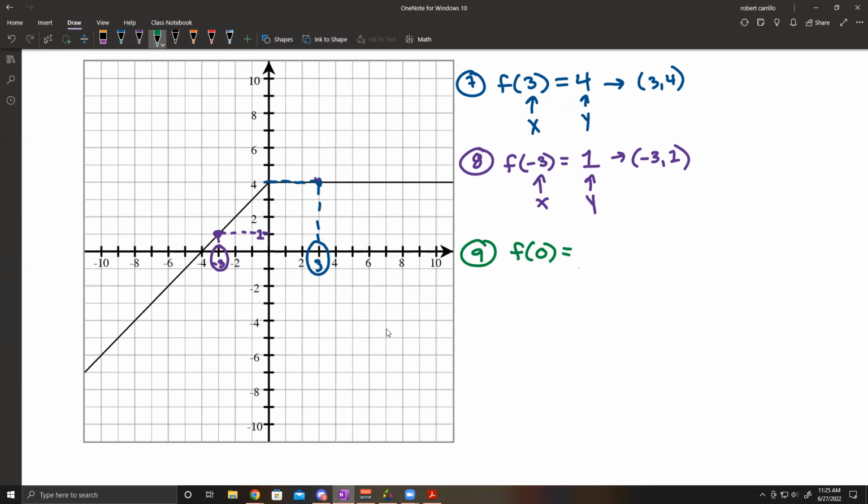So this says when x is 0, what is the value of y? And we go up to the graph and we see that when x is 0, y is also 4. So there's your x value, there's your y value, and we get 0, 4. Okay.